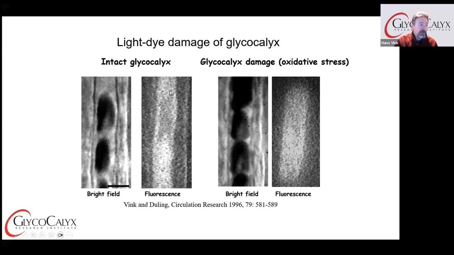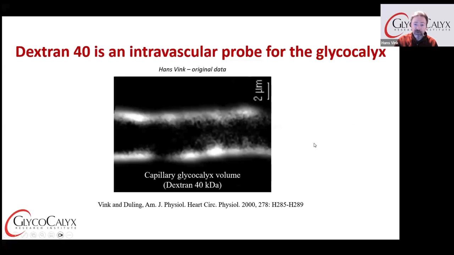Then if you subtract the narrow width from the wider width, you get another way of positively staining the glycocalyx. This is how these images look: the two fluorescence images subtracted from each other. You see some positive staining of a low molecular weight dye diffusing into the glycocalyx. So we got more appreciation of the potential size and dimension of this glycocalyx, where red cells and large proteins do not have access.